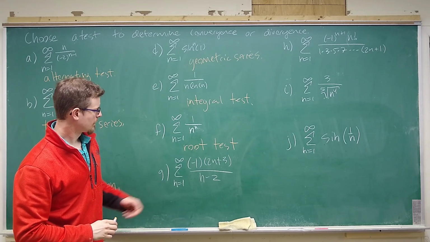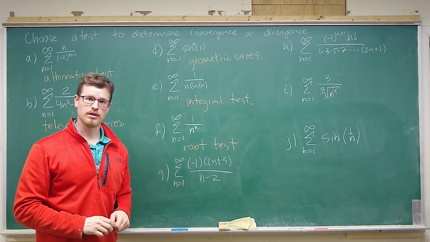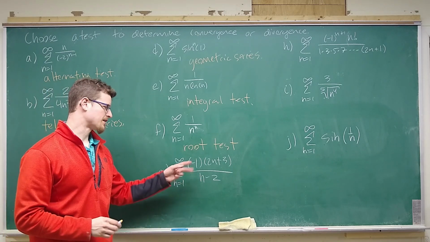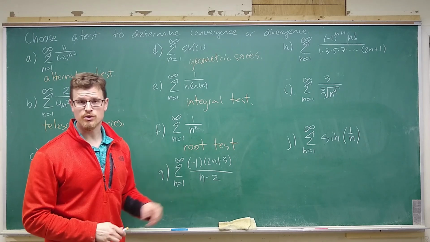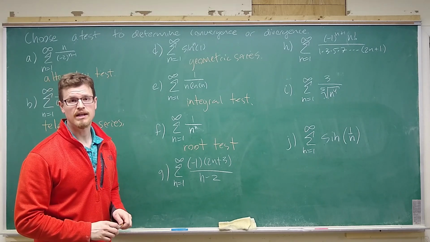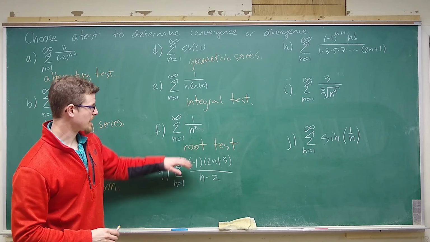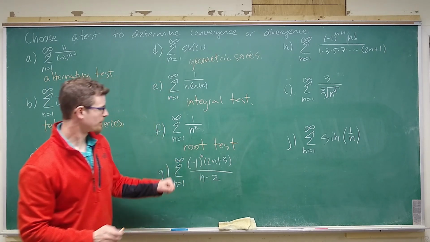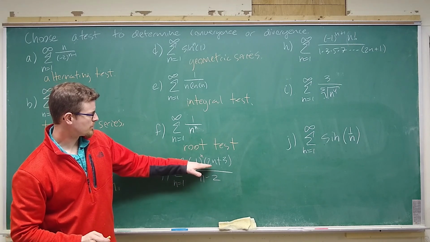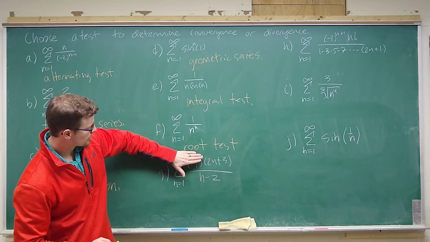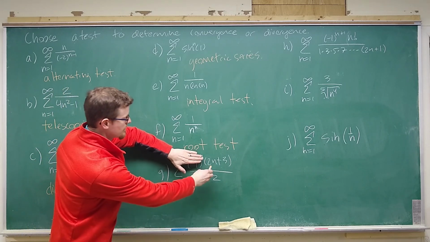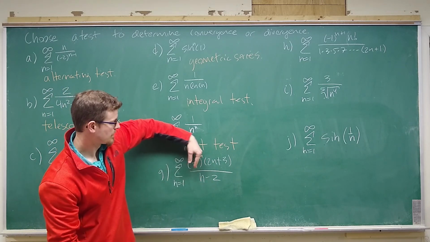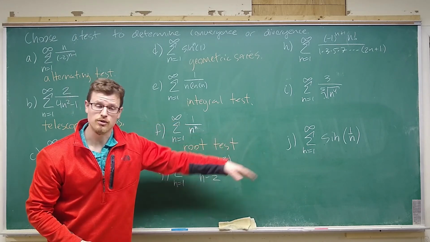Excellent. For our next example, we looked at this a little while ago, talking about the alternating series, and we said that if we take a moment to look at it, we would notice the alternating series doesn't apply. And the issue here is that when we ignore the negative 1 to the nth power, times 2n plus 3, this is just a first degree polynomial over a second degree polynomial, which is going to give us something that does not go to 0.